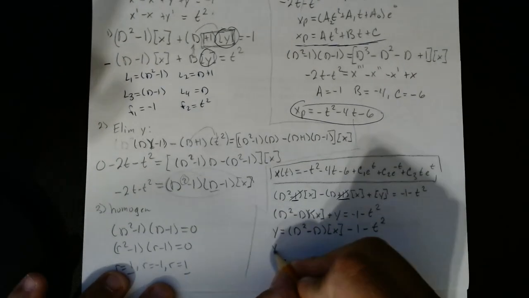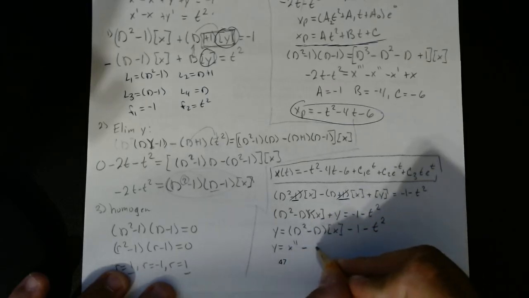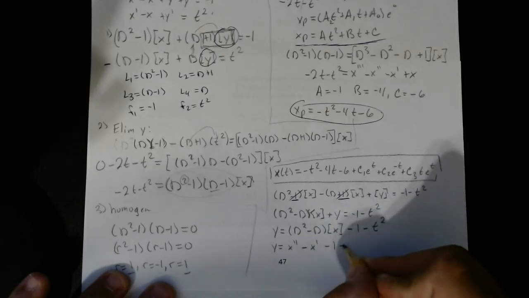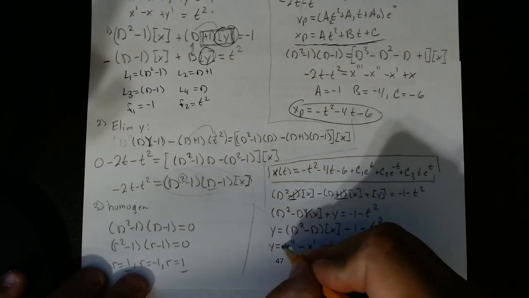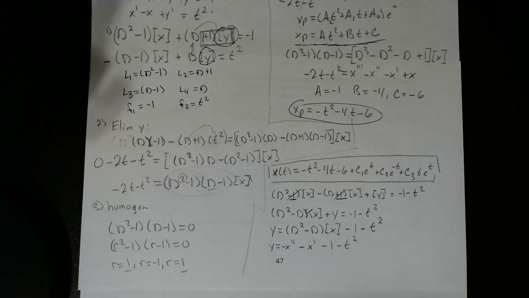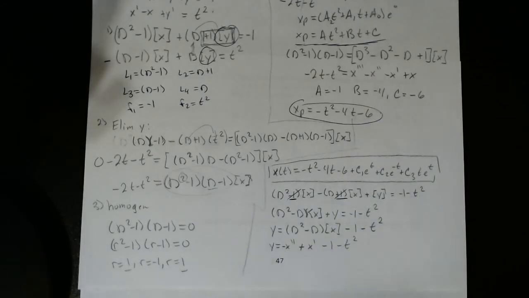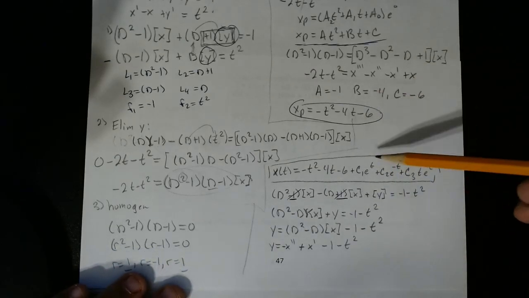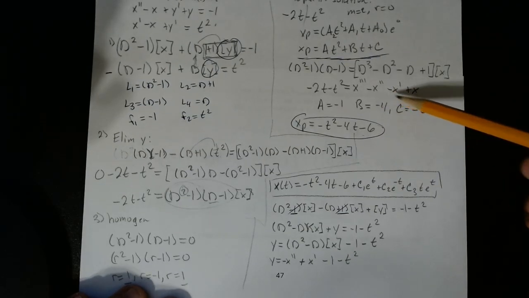And again, if I just replace these d's with the actual derivatives, this is x prime minus x double prime minus x minus 1 minus t squared. Oh, subtract it over, so minus and plus. Okay. So, unfortunately, we're not done, but we're almost done, because in this process of solving for this, you have to take the first and second derivative anyways.